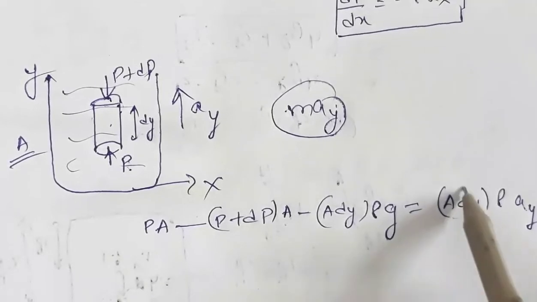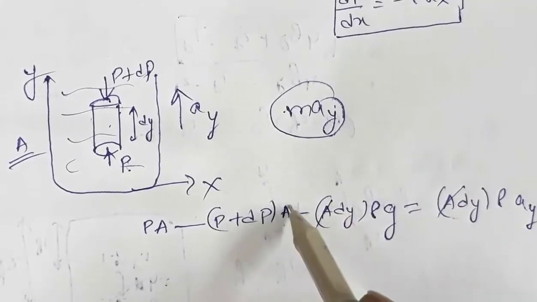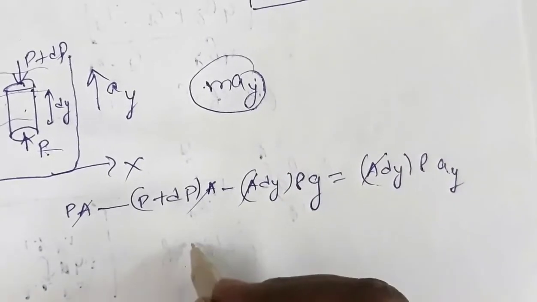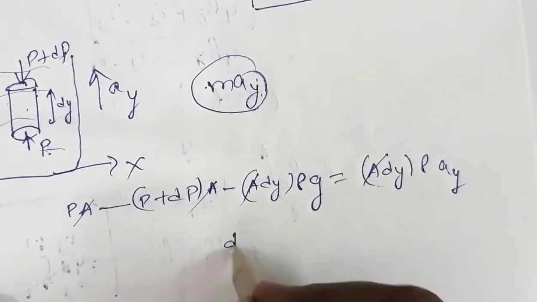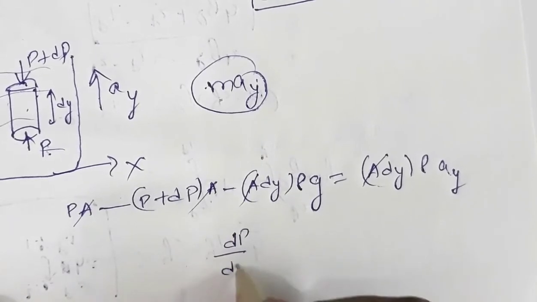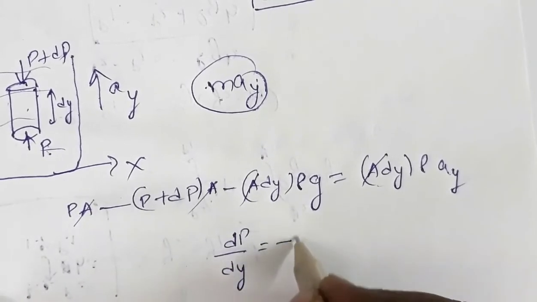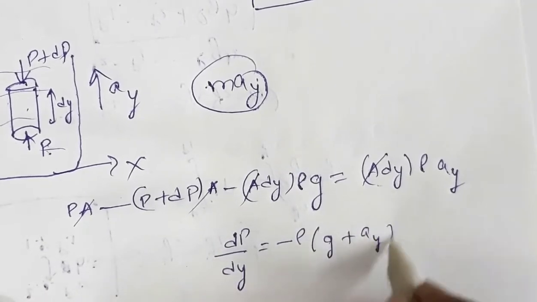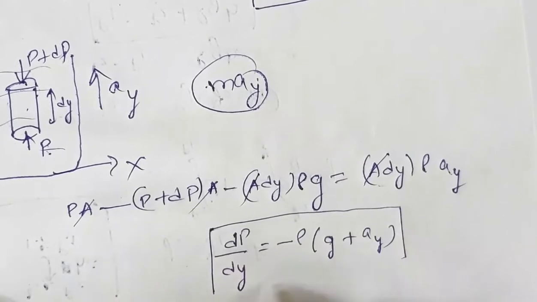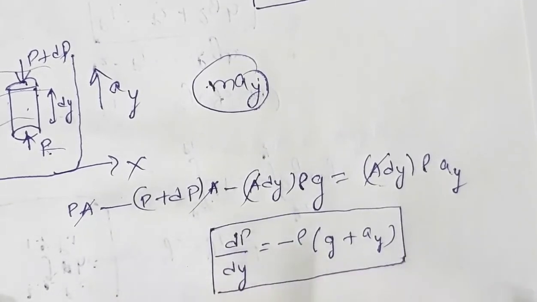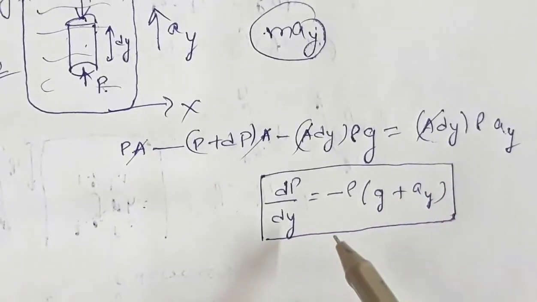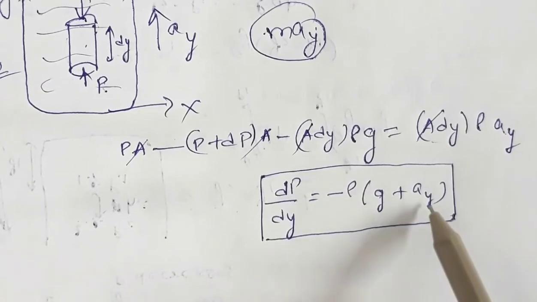Again, this A cancels out, P cancels out. Now if you simplify this, you will have dP by dy is equal to minus rho into g plus ay. This is the pressure gradient if the system starts accelerating upward with acceleration ay.